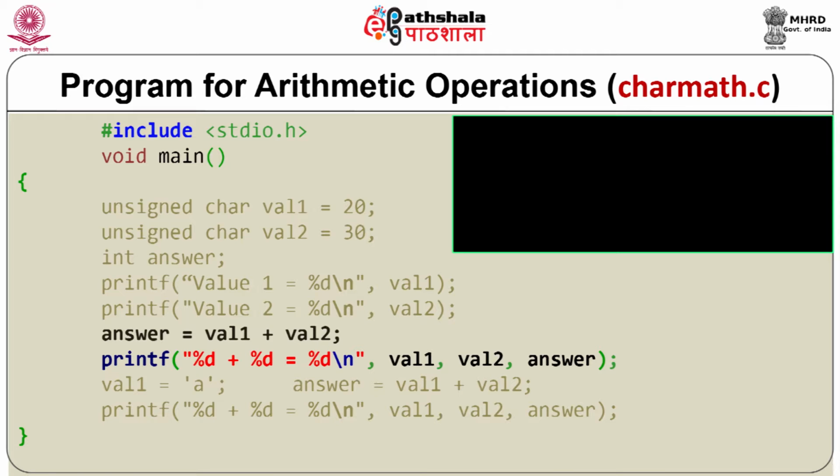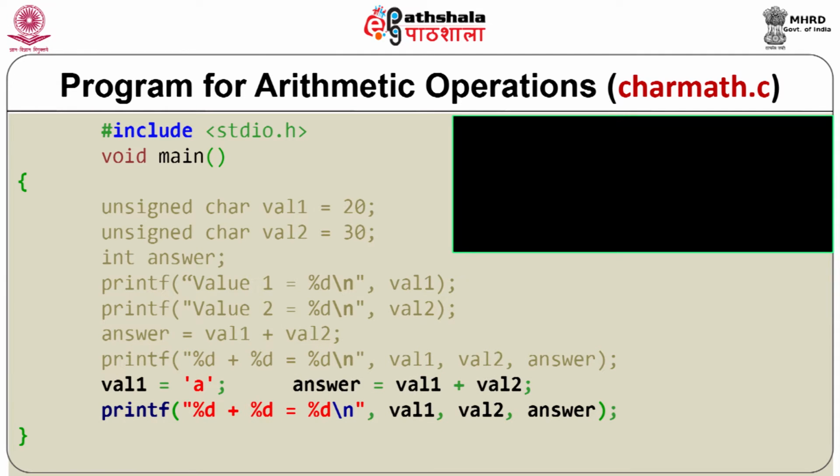You can see %d plus %d equal to %d \n, comma value 1, value 2 and answer. On the screen you will get 20 plus 30 equal to 50 because you are using the printf statement in that format.